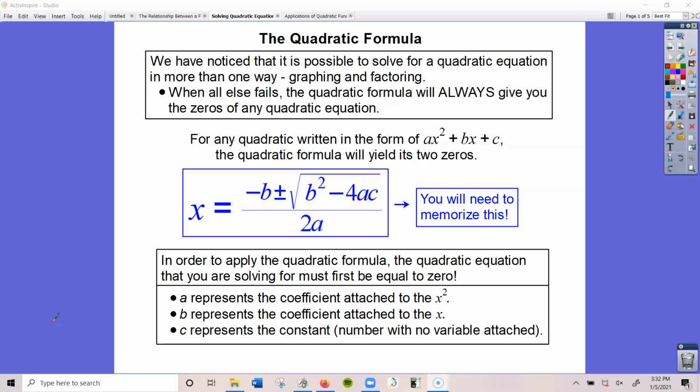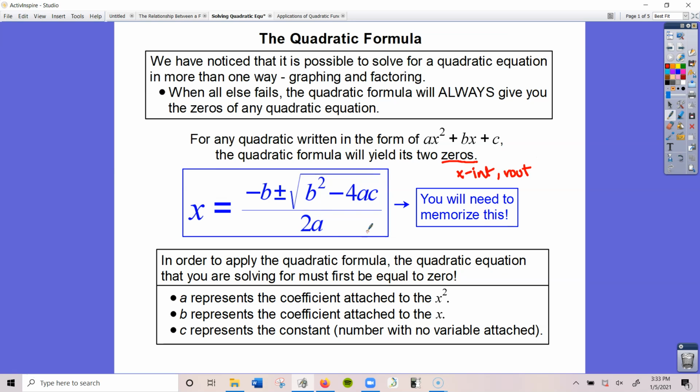Now, in order to use the quadratic formula, your equation must be written in this format: ax squared plus bx plus c. And when you use the quadratic formula, it will give you at most two zeros. Now, remember that a zero is defined to be the x-intercept or the root of the quadratic equation.